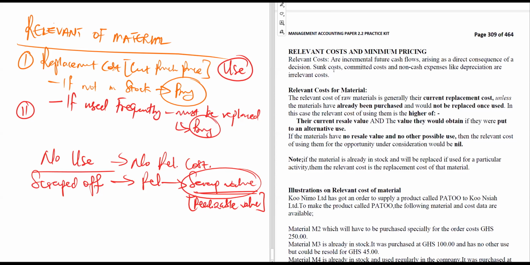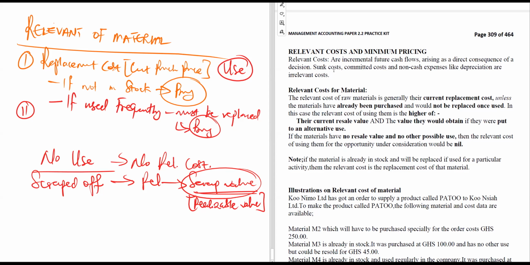Look, I want to use a material to maybe make my book. That material I want to use for this new book project has been lying in my house for a long time. Maybe it's A4 sheet. It does not have any alternative use, but I can sell that A4 sheet to somebody at 50 cedis. But I want to use it to make my book.